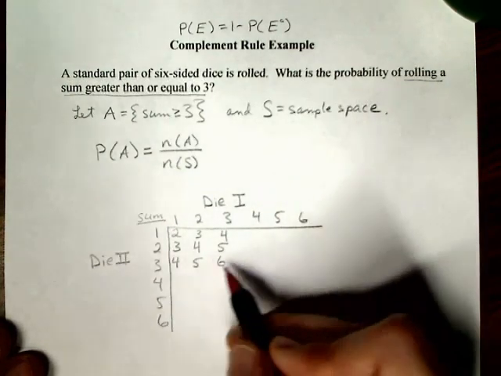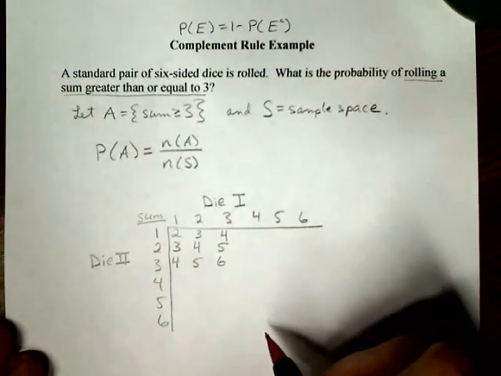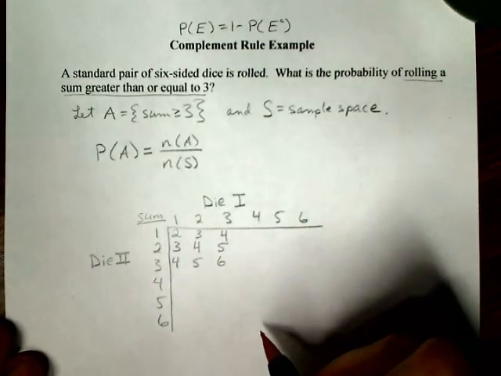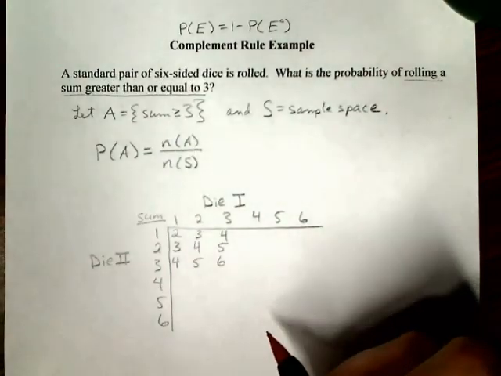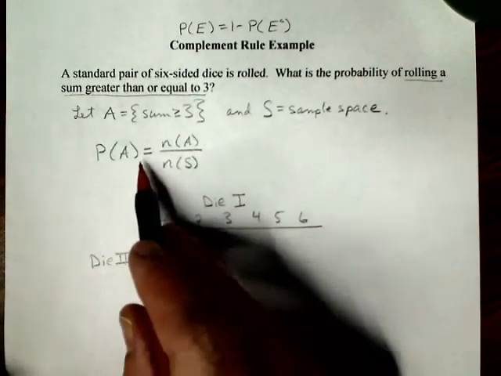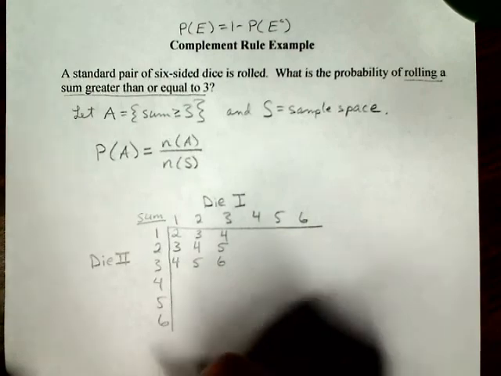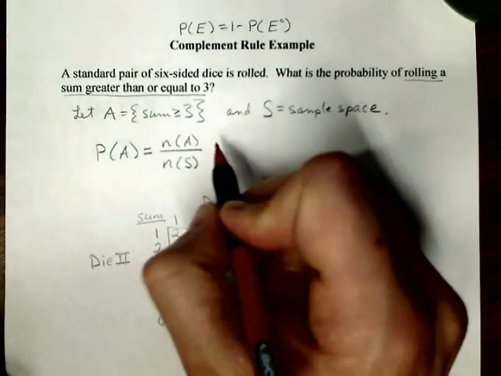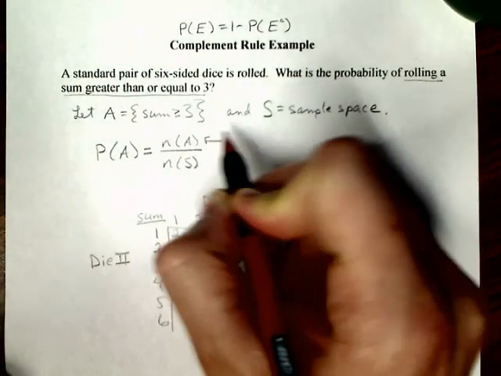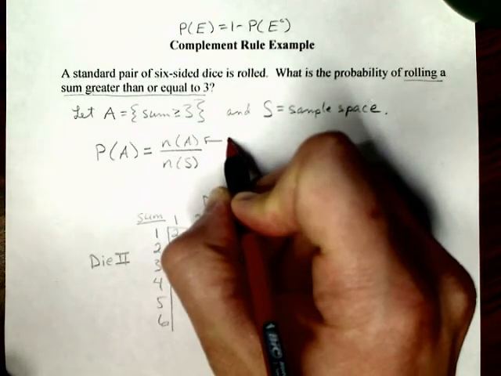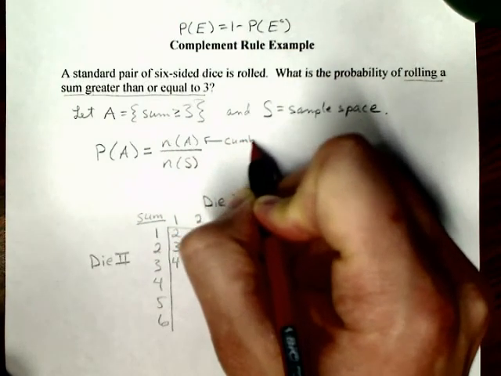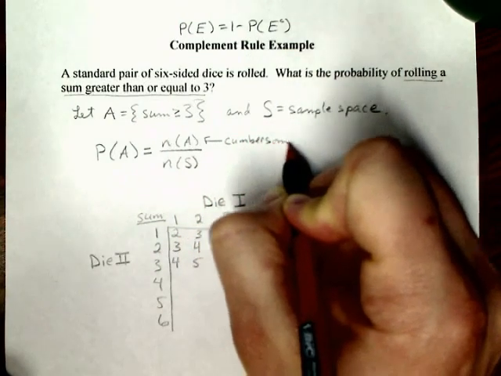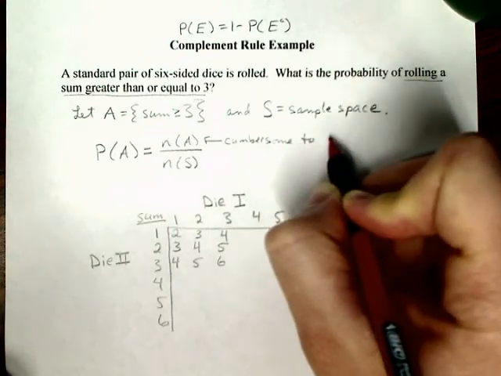Well, so I have to fill in this whole table, and that would be 36 entries, and we could do that. But in getting at this probability, there's another way to get to it, and I'm going to use that other way because this N of A is cumbersome to enumerate.